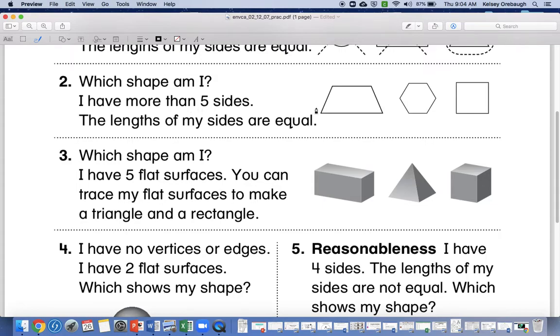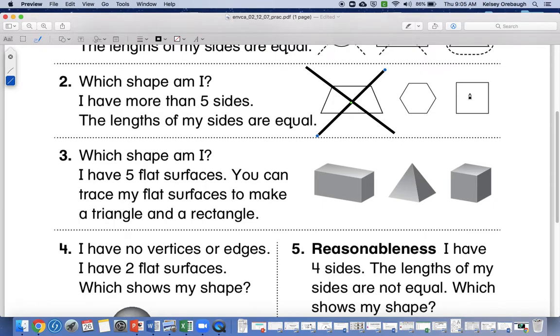This first clue does not match. 4 sides is not more than 5 sides. Let's cross this guy out. 1, 2, 3, 4, 5, 6. Is 6 sides more than 5 sides? Yes, 6 is more than 5. So I cannot cross this shape out.